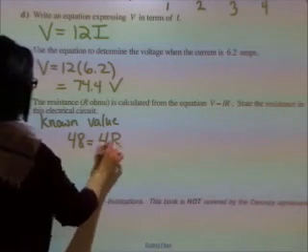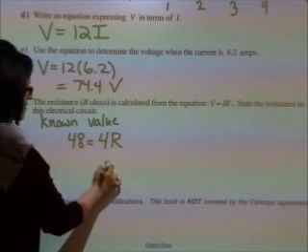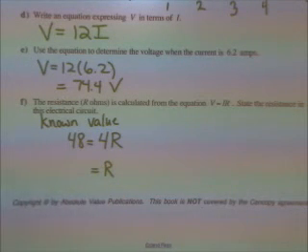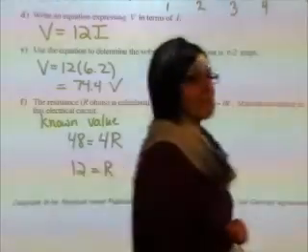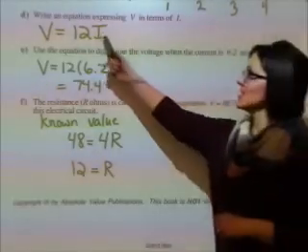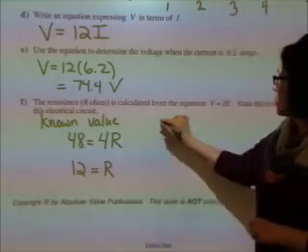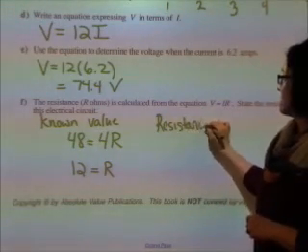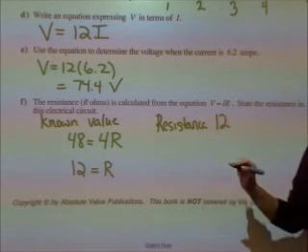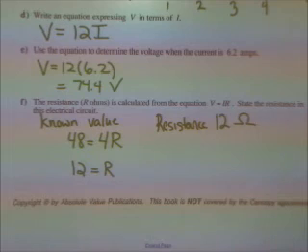And then the resistance is what I'm solving for. What does R equal? 12. So the resistance is the same as what I got up here. So resistance is 12 ohms. What's the symbol for ohms? It's omega. Right?